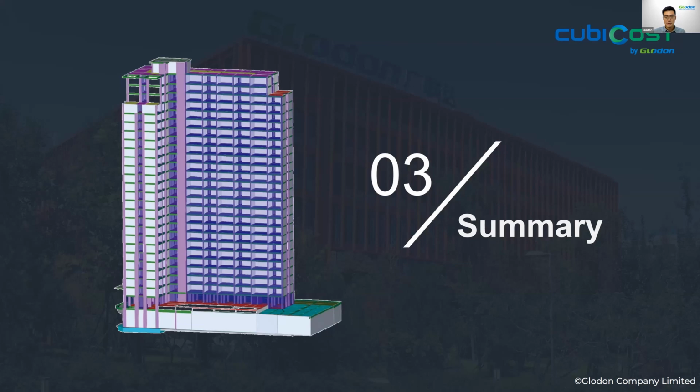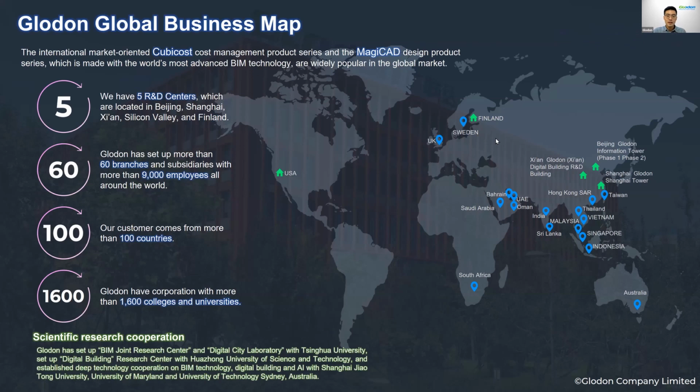Okay, so let's quickly introduce a bit more. I think it just got stuck. Okay, now it's better. So let's take a look at global distribution. We actually have more than 60 branches across the world, and this is the brief map.